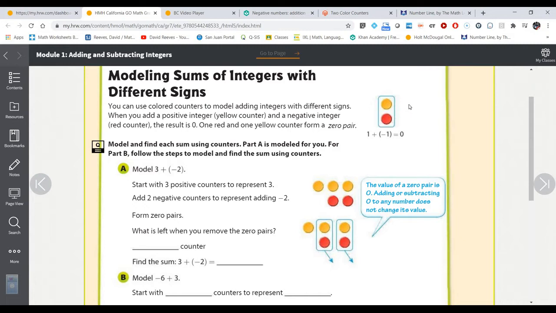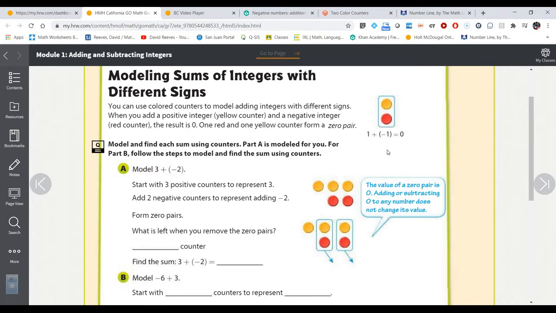One thing that is foundational for understanding adding integers when the signs are different is that when you add a positive 1 to a negative 1, you get a sum of 0. They cancel each other out. It's like digging a hole and then filling the hole back up.